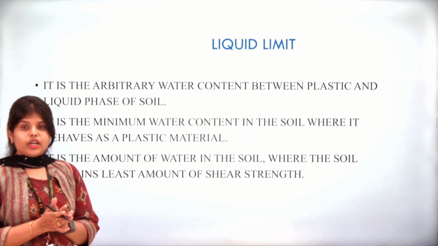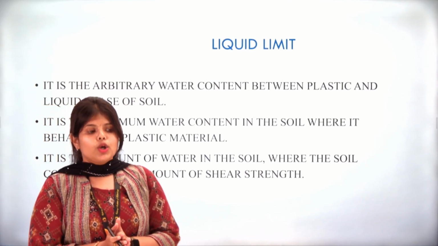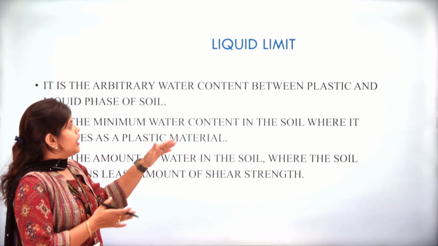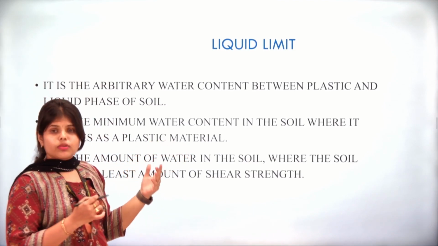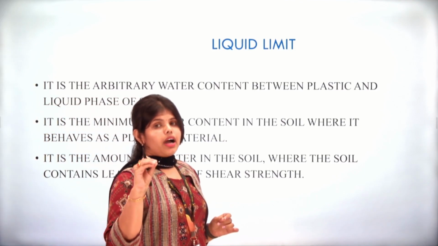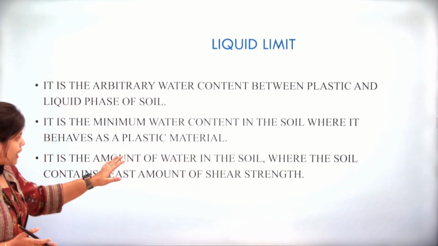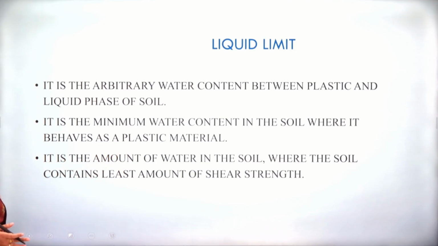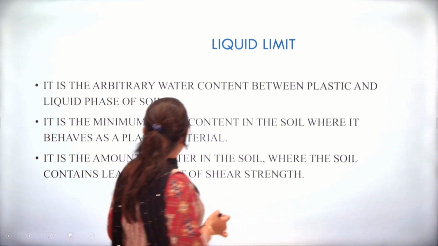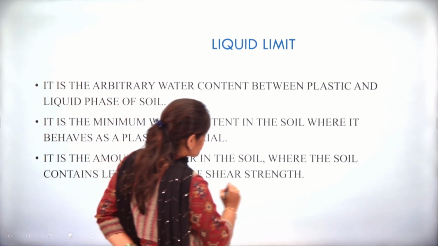It is the minimum water content at which the soil behaves as a plastic material; after that it will not behave like plastic. And in this phase, it will face the least amount of shear strength.